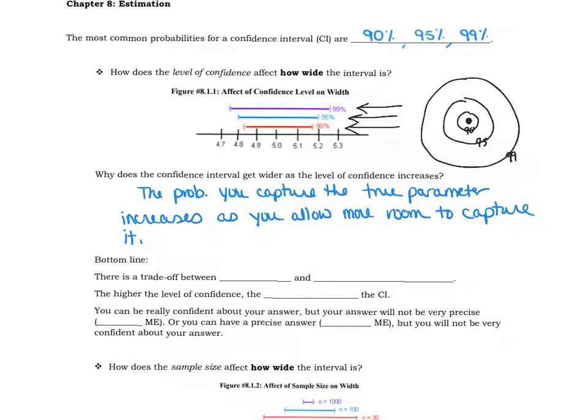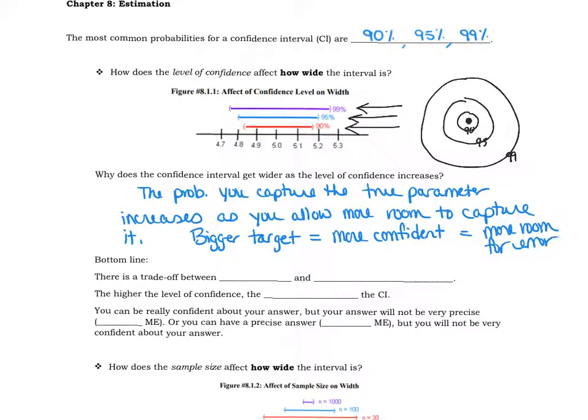In other words, bigger target equals more confident. But that also equals more room for error. You don't have to be as close to the actual value. You get to be further and further away.